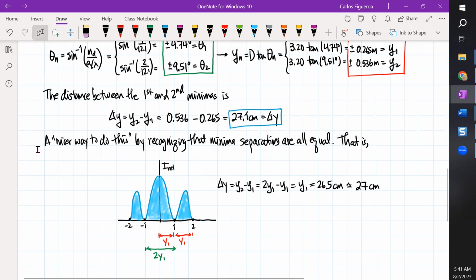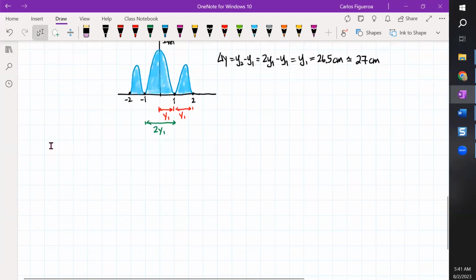So let's now go to C. What C wants us to calculate is the width of the central max, and the screen location of the secondary maxima.